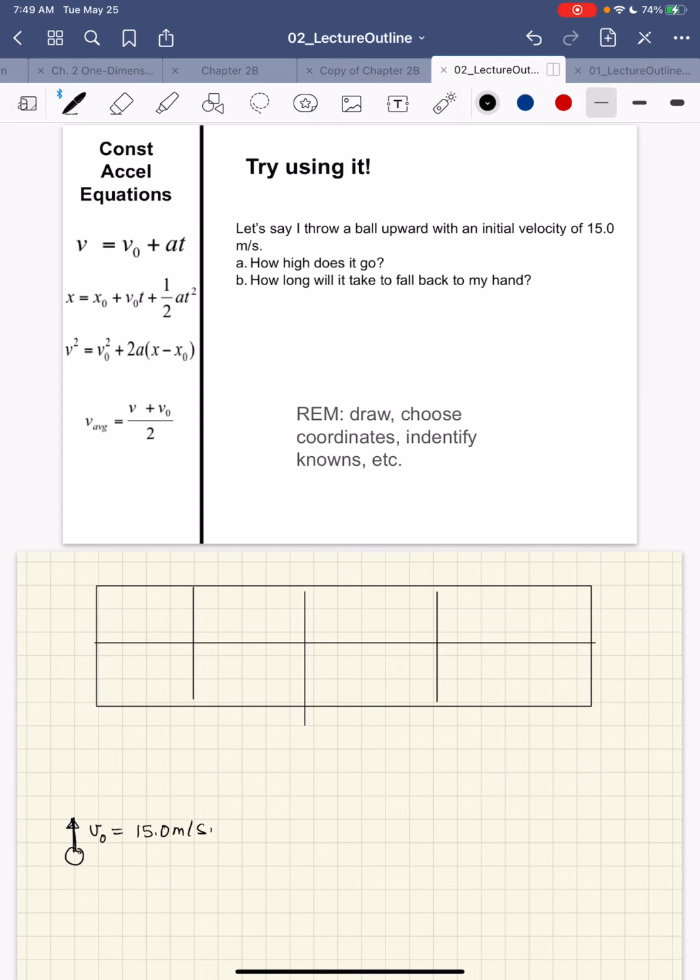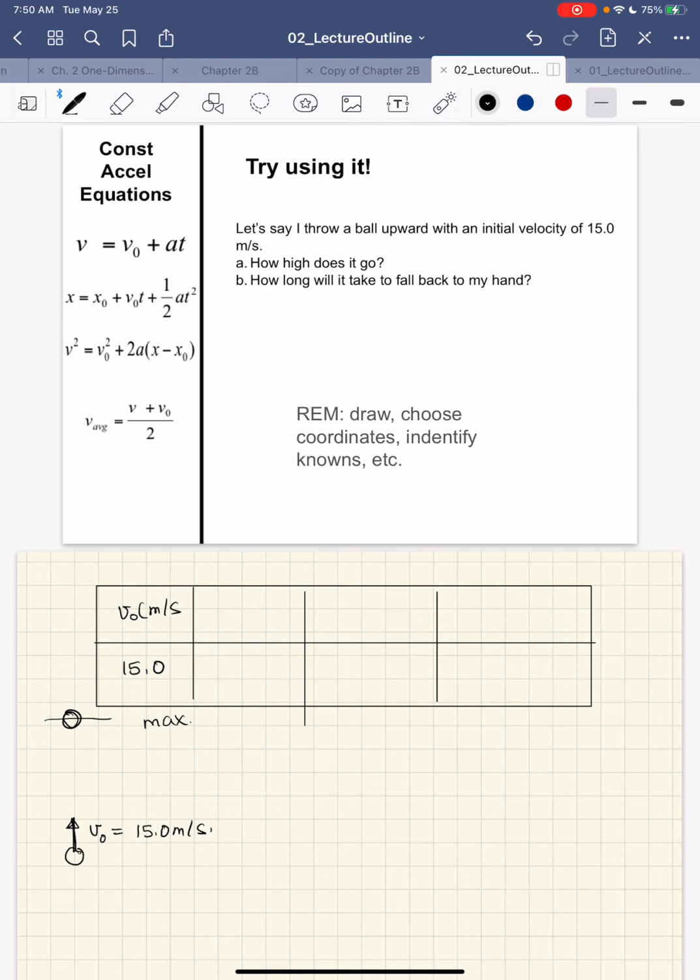V0 is 15, and it is positive because it is upward. I want to find when it is at the maximum height, what that maximum height is going to be, how high and how long it is going to take.